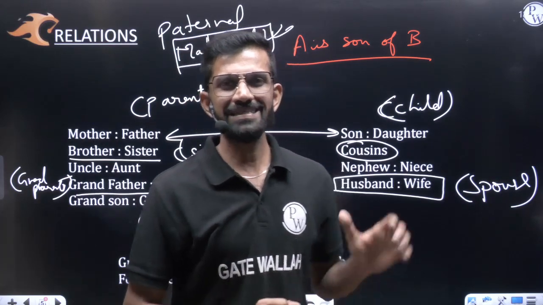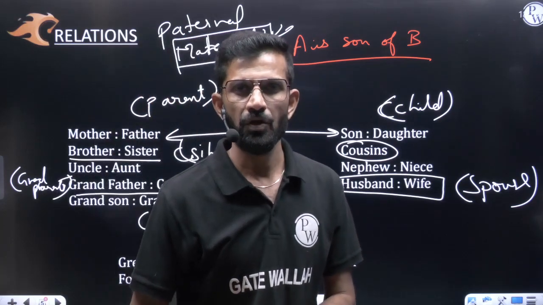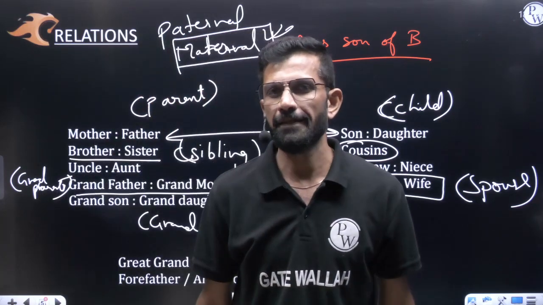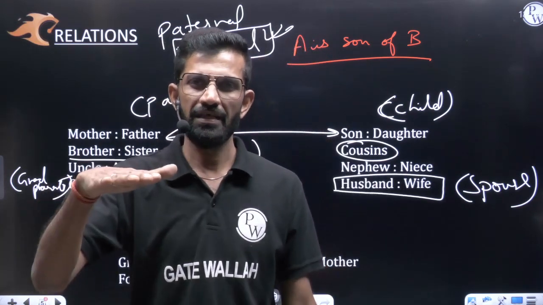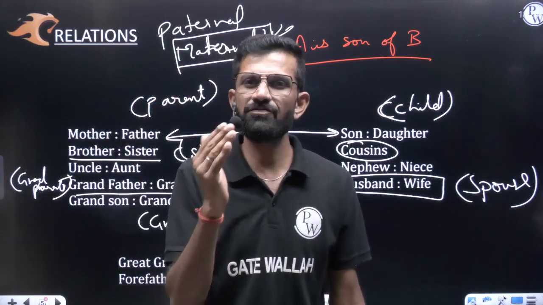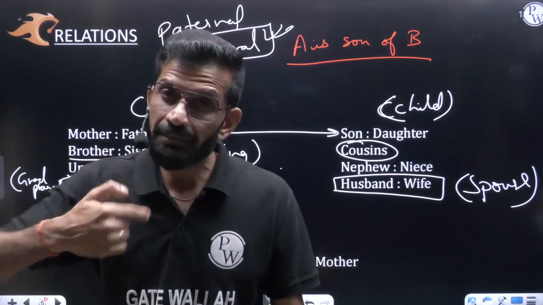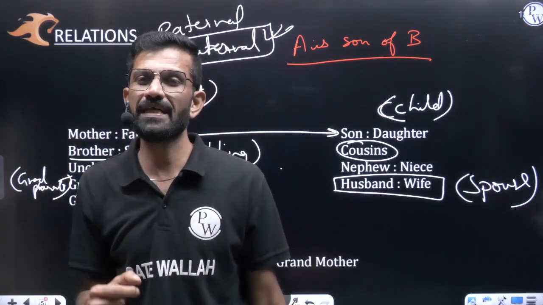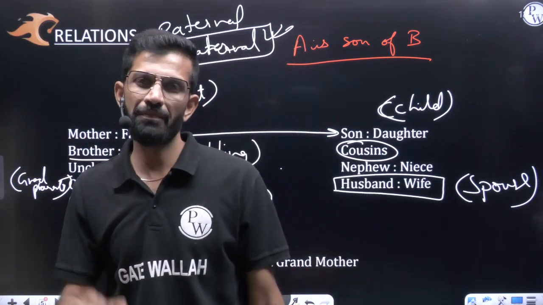My dear friend, as I was saying, this English relation is completely a Western culture relation. What the Western culture people say is, in my generation, if someone gets married, their children, male members will be called nephew and female members will be called niece.